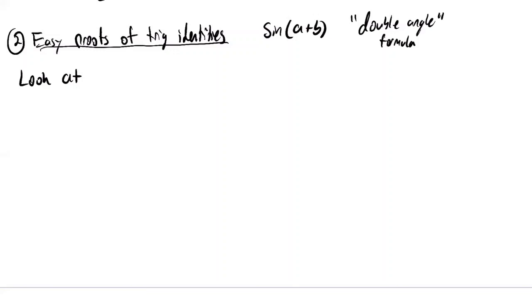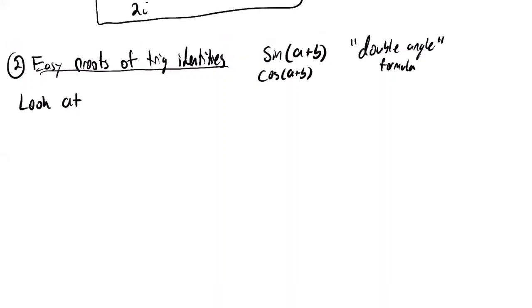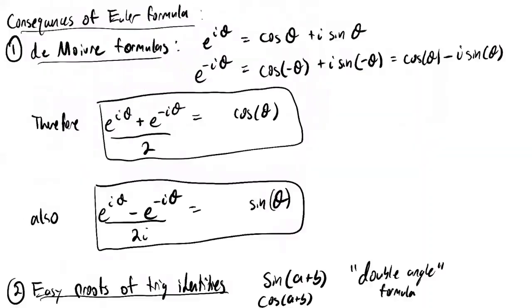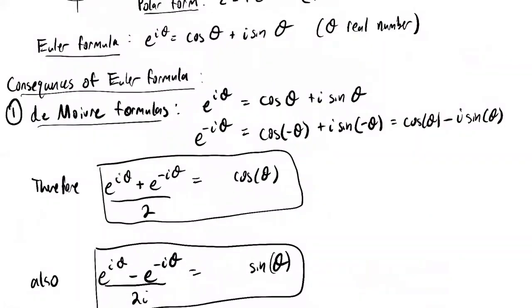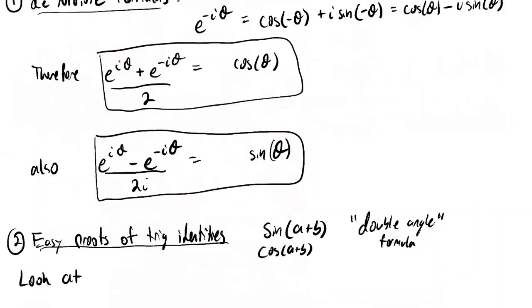And so the idea is, if I want to understand sine of a plus b or cosine of a plus b, remember that I can model these things together using a complex exponential. And so you're naturally led to looking at e to the i theta, where theta is a plus b.